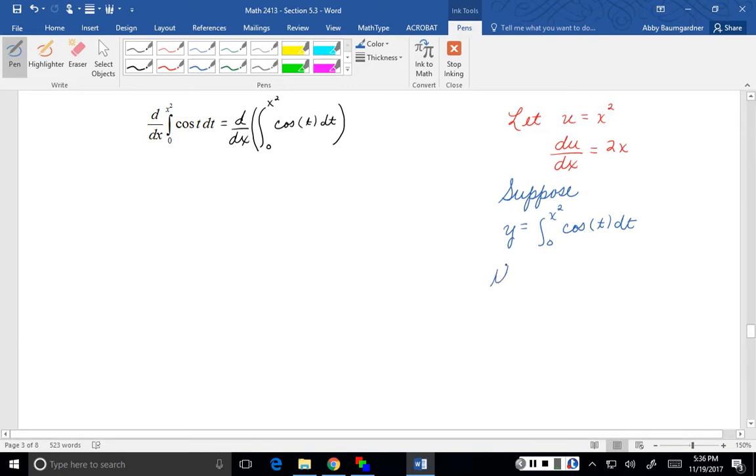Then I could replace this x squared with the u that I have up here. Still doesn't seem like I'm doing a whole heck of a lot, and you're probably wondering, well, why are you doing it? You'll see in just a second. Hold on.